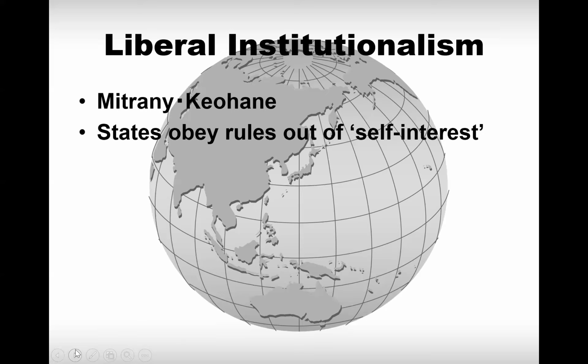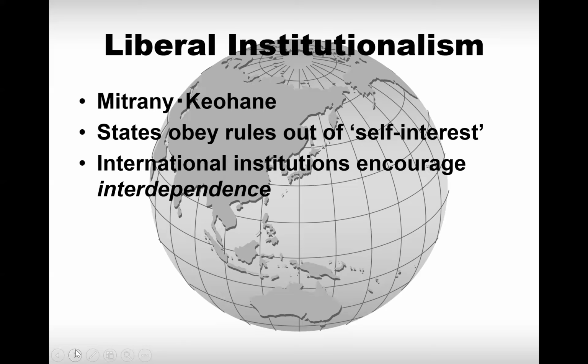Therefore, they always have to put their own interests first, and they need to maximize power. Liberal institutionalists believe that institutions provide states with a forum to get together, and through participating in international institutions, they begin to trust one another. So it's based on a realist idea that states obey rules out of self-interest.